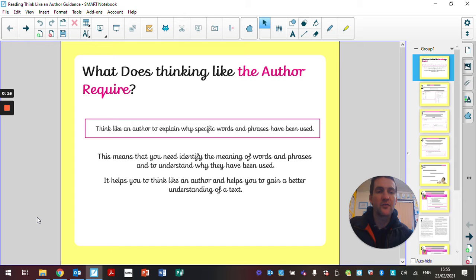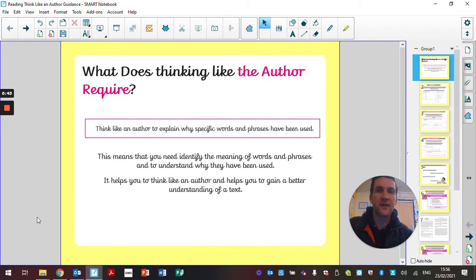But for today's lesson, we're going to be looking at thinking like the author. It's similar to one we looked at back in term 3 to do with the use of vocabulary, but also thinking about how the author has used words to explain exactly what they're trying to get across to the reader.